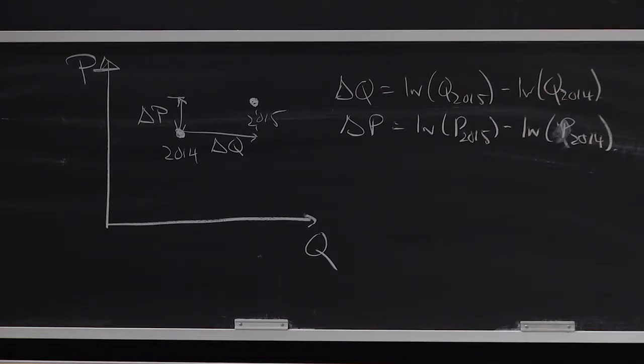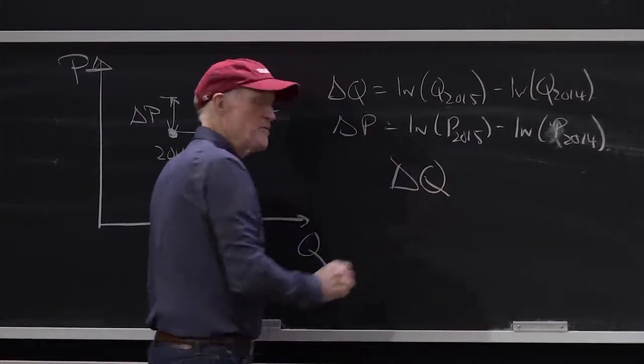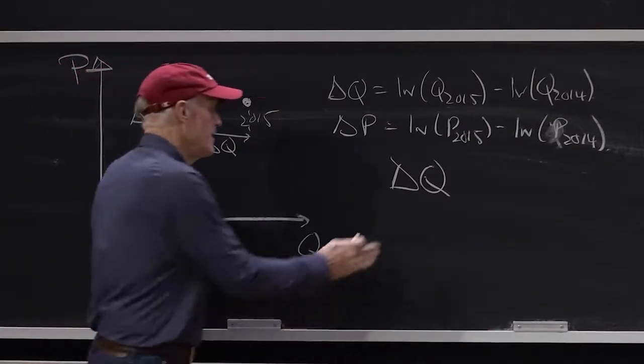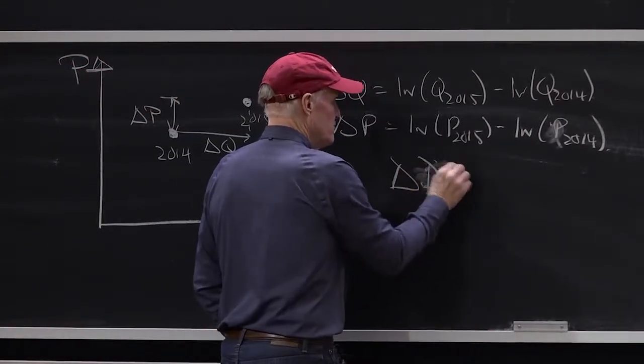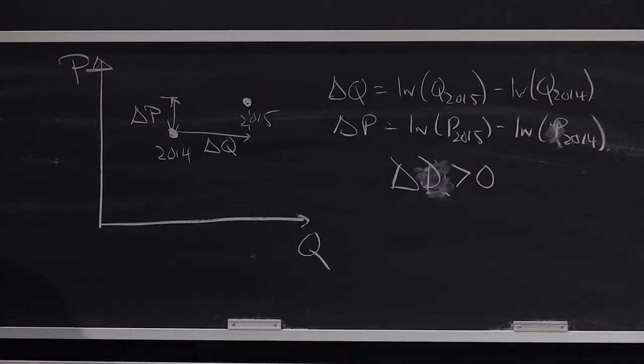Oh, you all took econ 0, right? Okay. So assuming we have downward sloping demand, let's call it delta D is positive. Demand went up, right? Not just that it moved to the right. Okay? Can anybody be more precise than that?